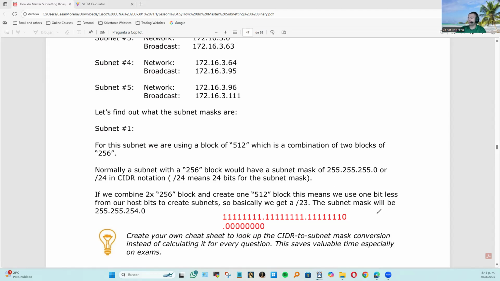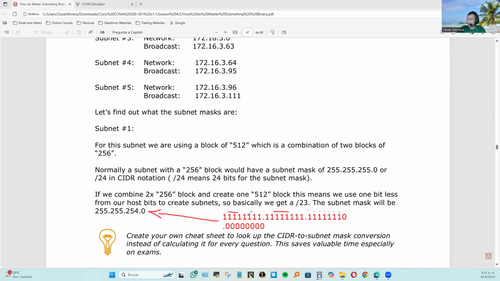If we count the following, we will have 8 plus 8 is actually 16, 17, 18, 19, 20, 21, 22, 23. If we do the conversion of this one, it will be 255.255.254.